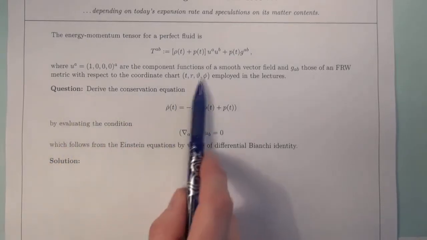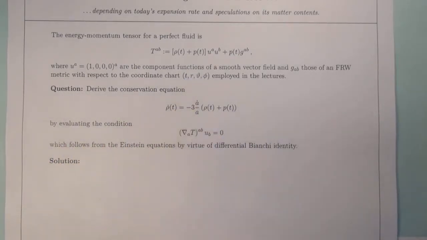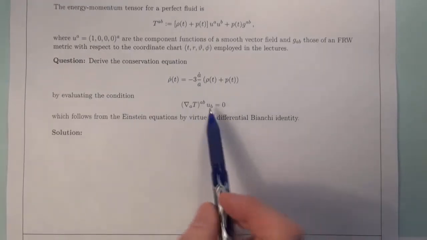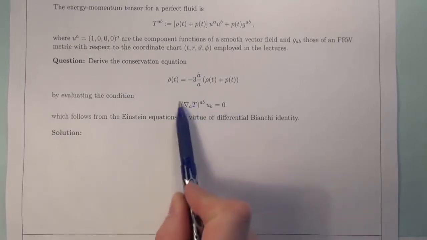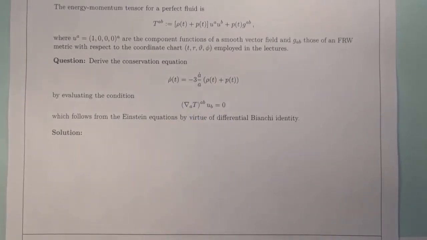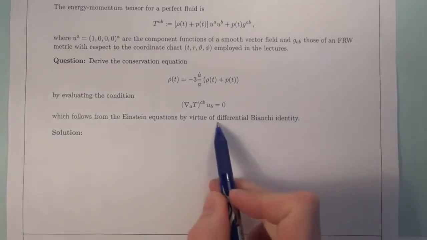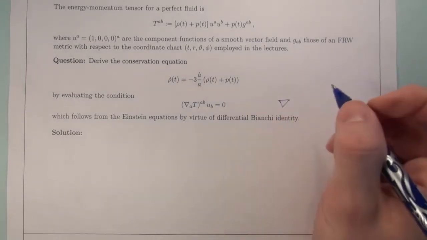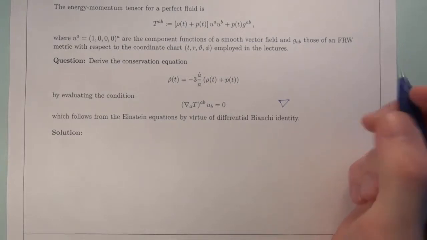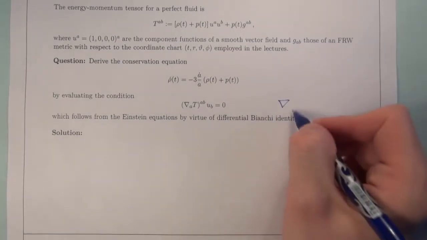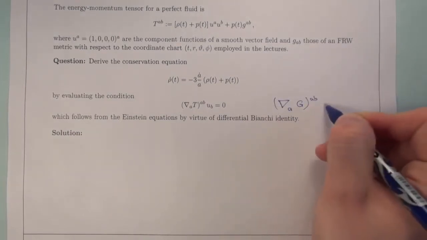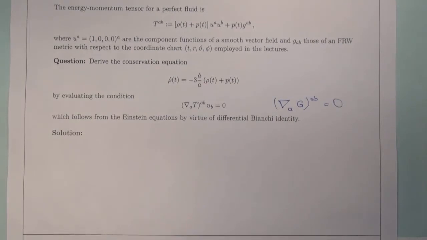Okay, we want to choose these coordinates, and the condition that we use is basically the energy momentum conservation that followed from the twice contracted differential Bianchi identity that we showed last time, that is that we have nabla_A G^{AB} equals 0.